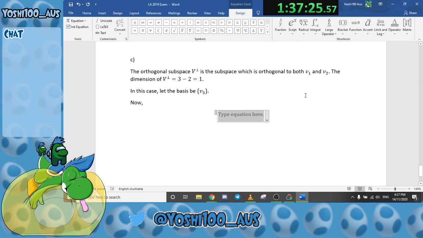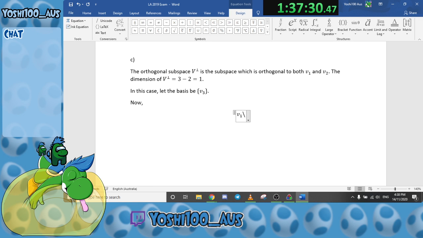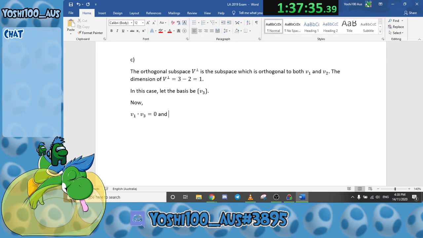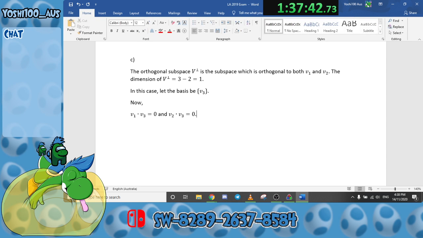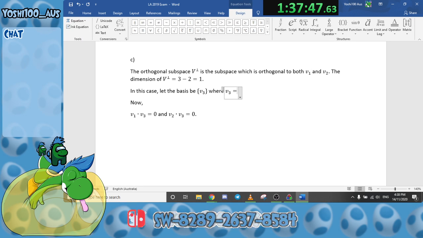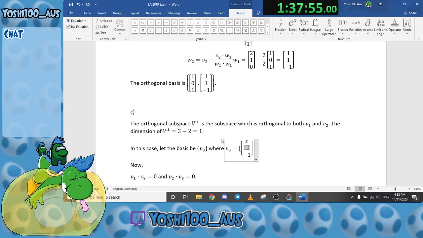Hold on. We'll let v3 equal 0 where, hold on, do I have it copied? Yeah. We'll just denote these x, y, z. It's whatever. Oh, I did not need the extra bracket.